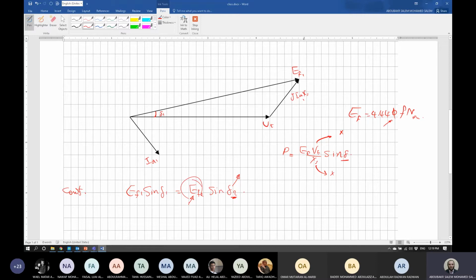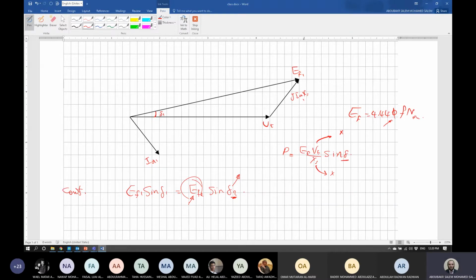Okay, guys? Again, now if you have suddenly connected a load to a generator, the value of delta will be increased automatically. However, we need to protect the machine in order to avoid operation close to the maximum value.